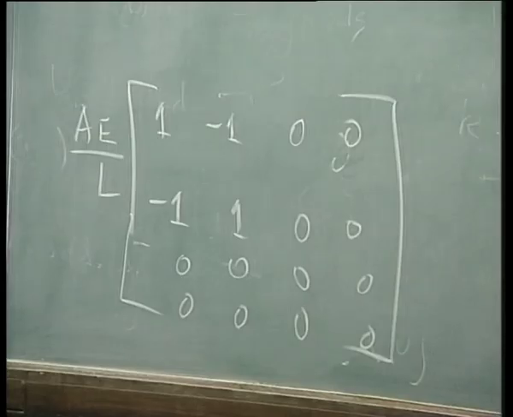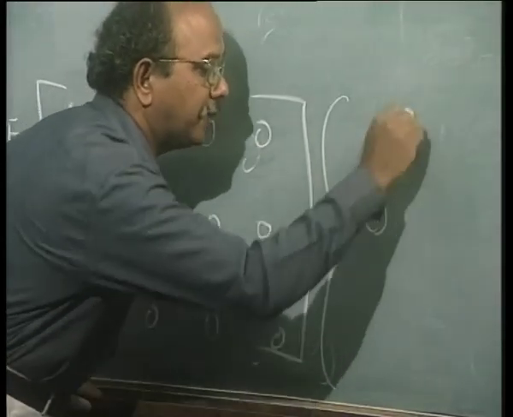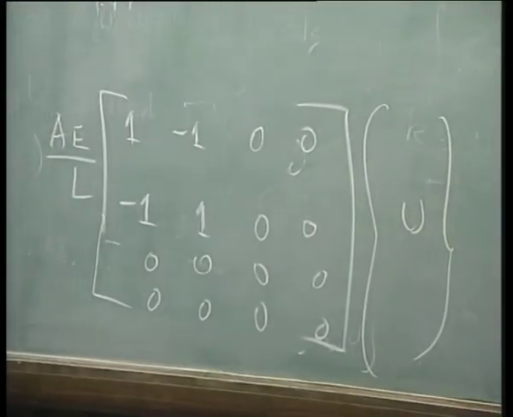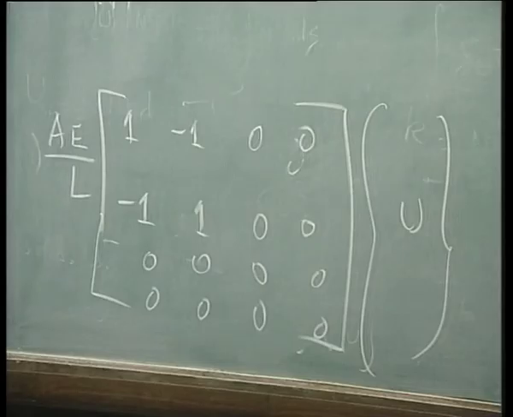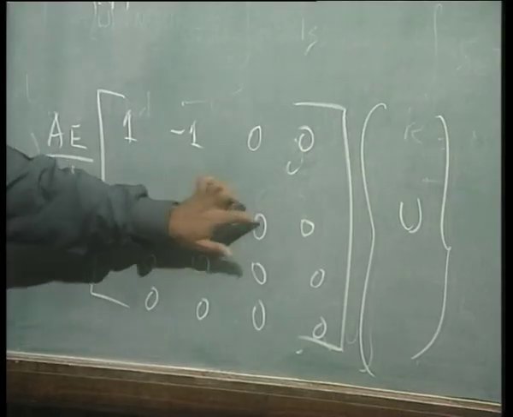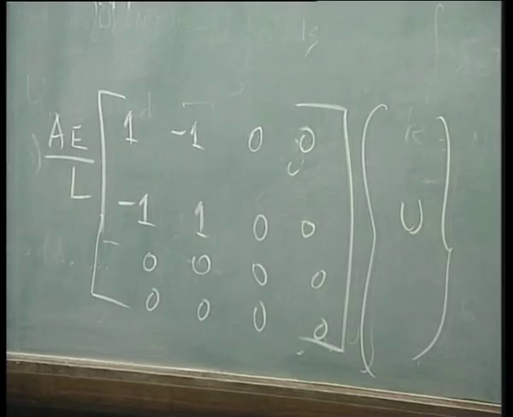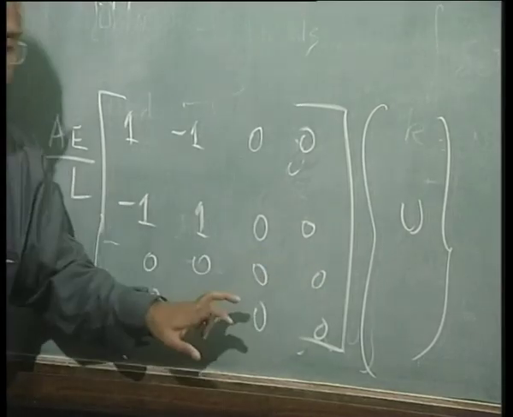Each of them corresponds to this capital U, U1, U2, U3, U4, right? Clear? The next fellow will have entries 1, minus 1, minus 1, 1 and so on. Third fellow will have entry 1, minus 1, minus 1, 1.